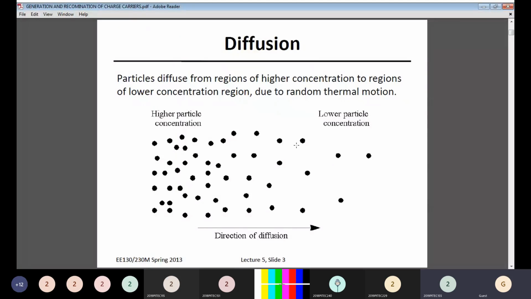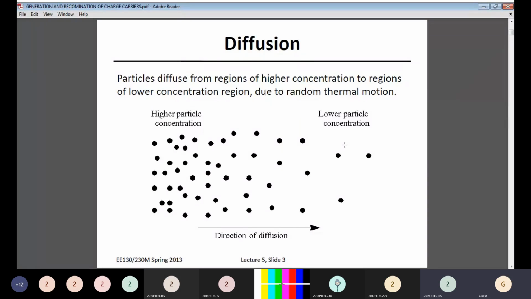So here, due to random thermal motion, the charge carriers in the high concentration region will move to fill the lower concentration region. This process is called diffusion.